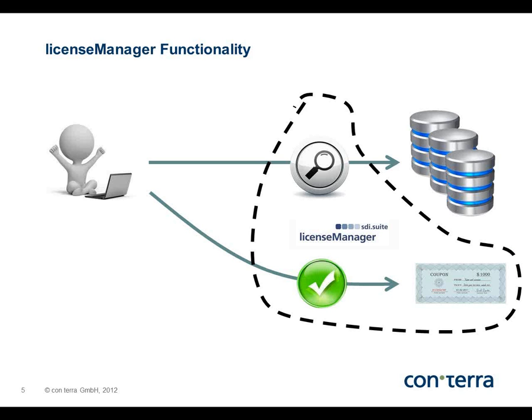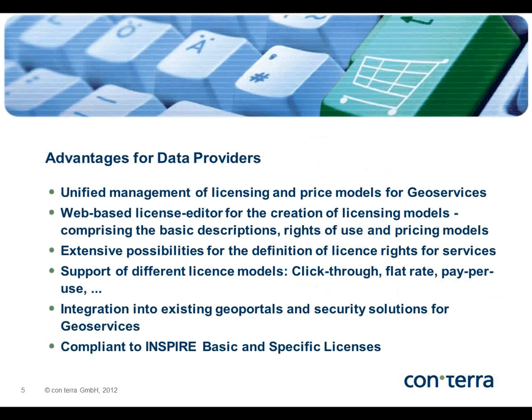So first of all, allowing you to get a license, to conclude a license, and maintain the license, and when you're trying to access the service, check if the license is there, if you have a valid license, if, let's say, your request fits to the license conditions and license permissions, and then give access if everything fits.